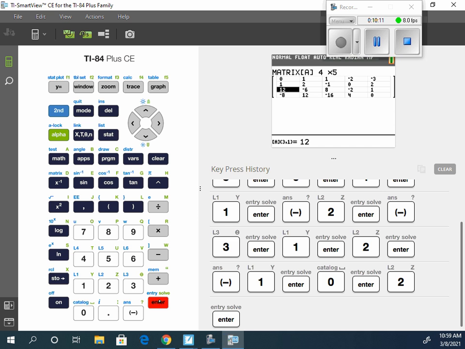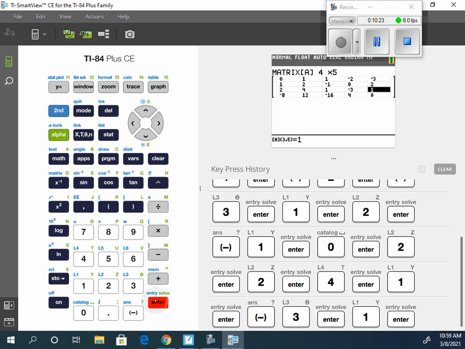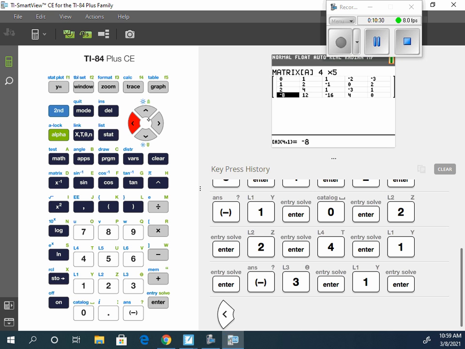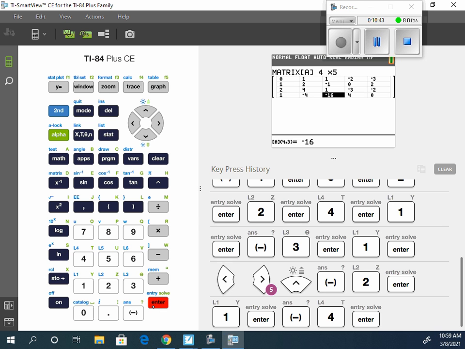Row 3, 2, 4, 1, 2, 4, 1, negative 3. The next one should be 1, negative 4.